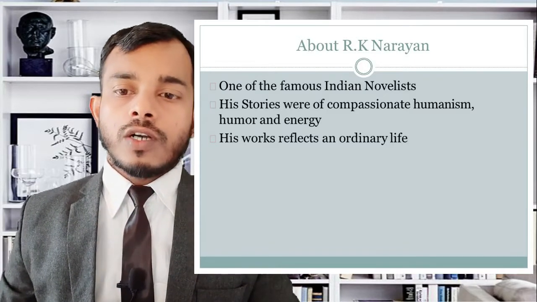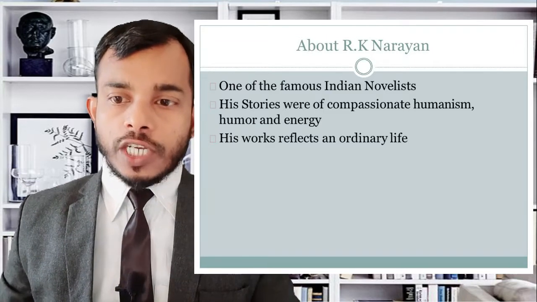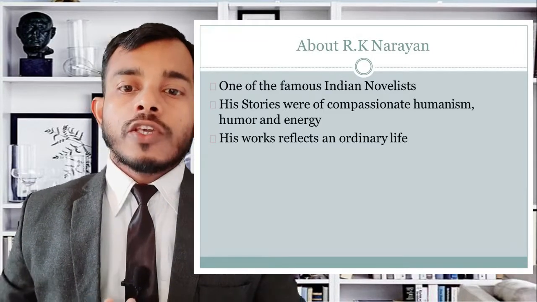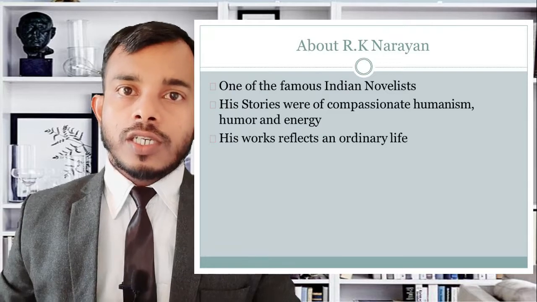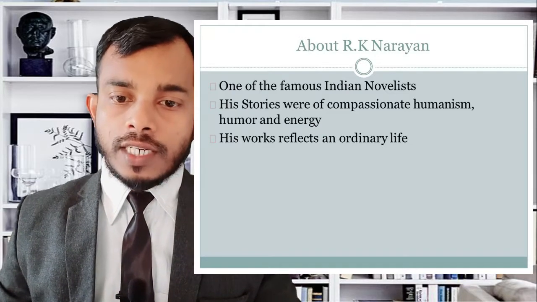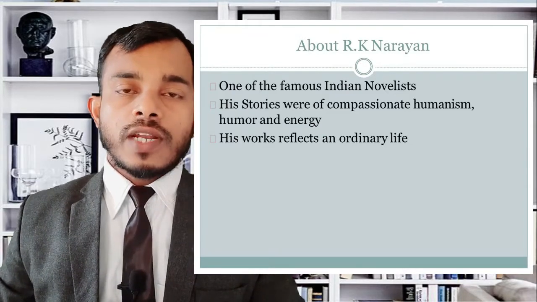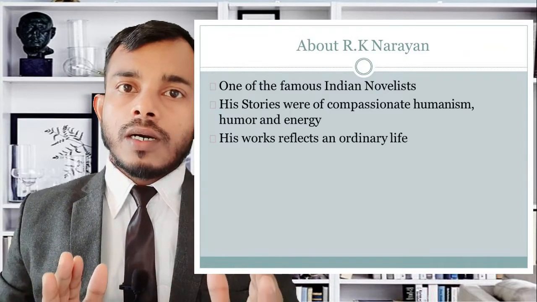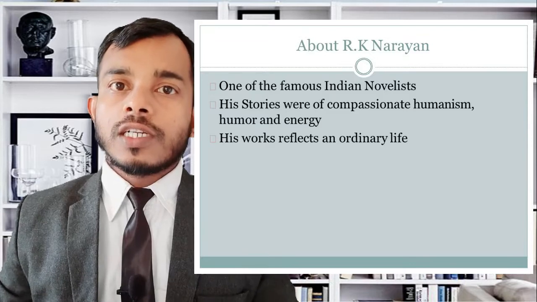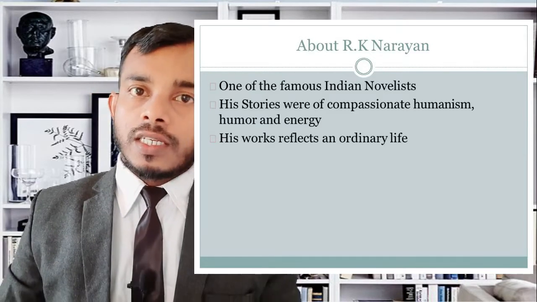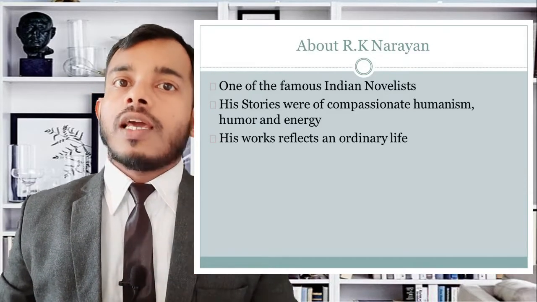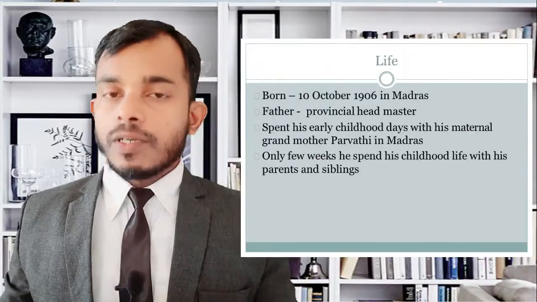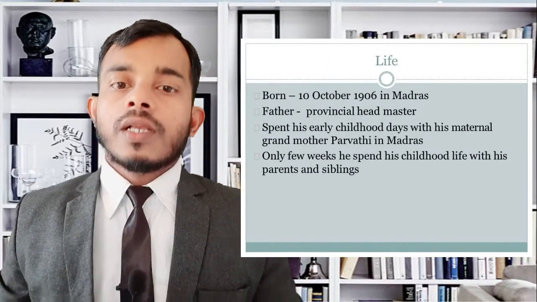His stories were of compassion, humanism, humor and energy. This is the quality of his writings. His works reflect ordinary life. He makes use of ordinary common people as his characters, and he used such language in his stories that it becomes very simple.